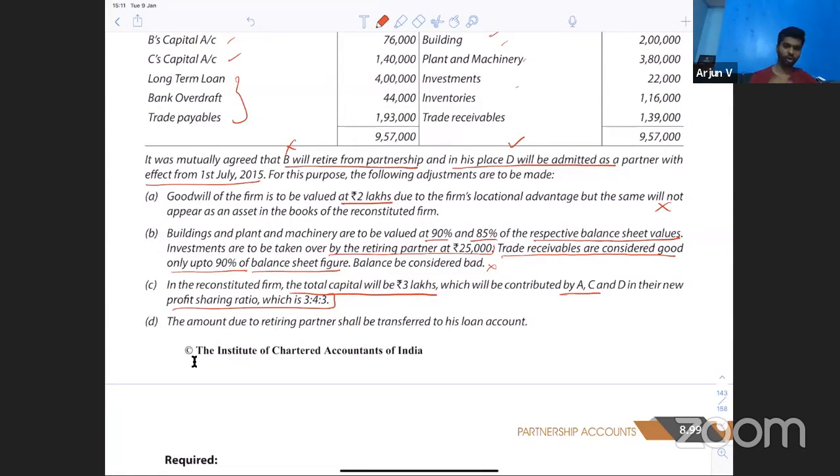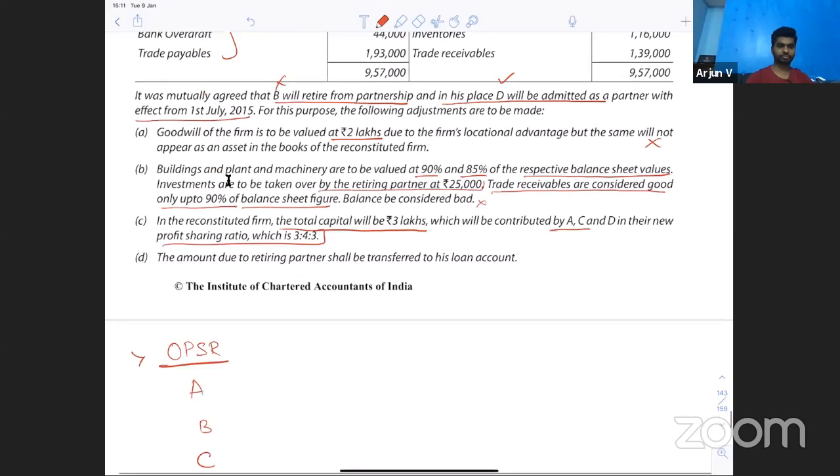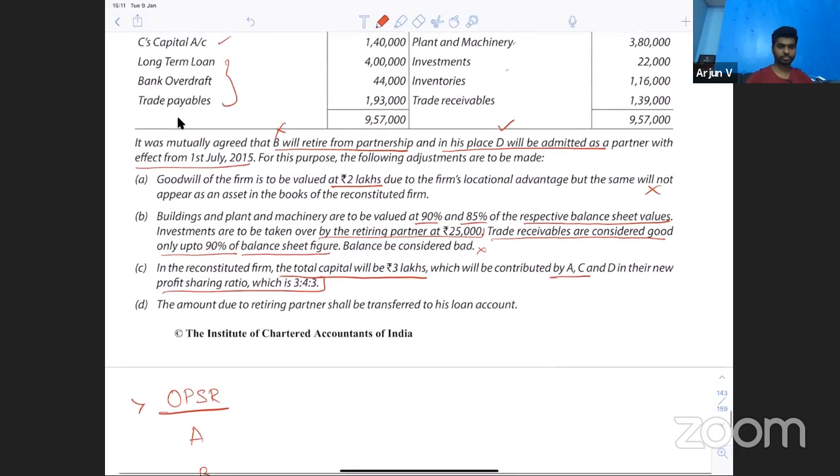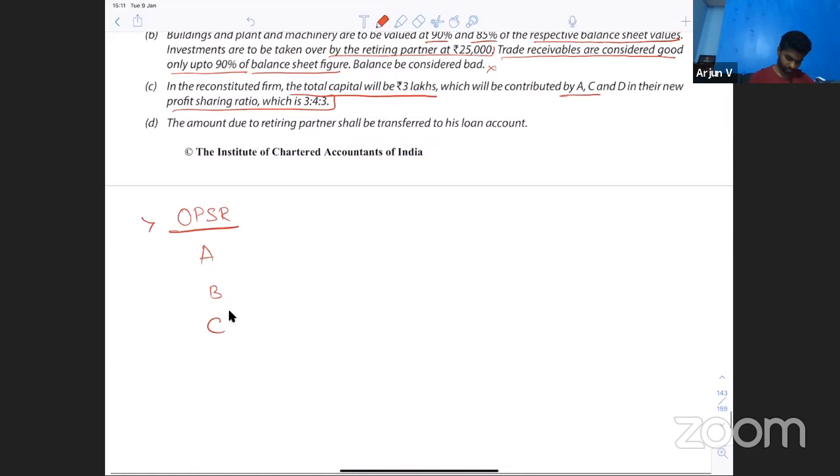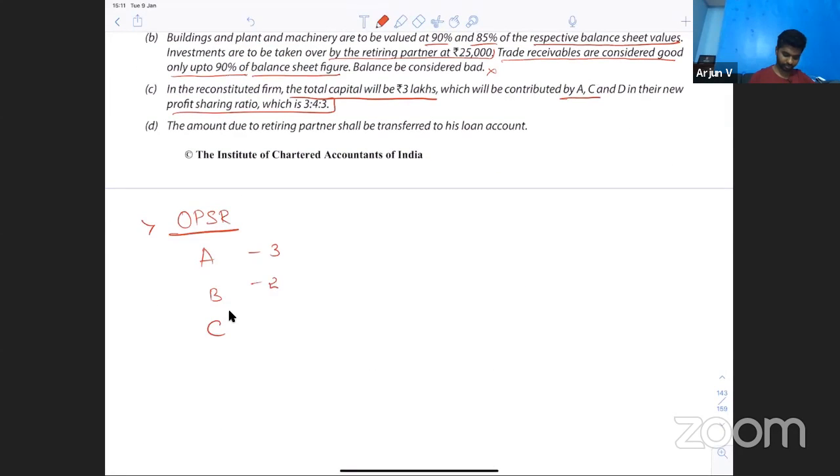So first thing, we'll try finding out the old ratio, new ratio, and sacrifice ratio. Guys, everyone start doing it. What's the old ratio, new ratio, and the sacrifice ratio? Old profit sharing ratio, A, B, C, which used to be 3 is to 2 is to 5.